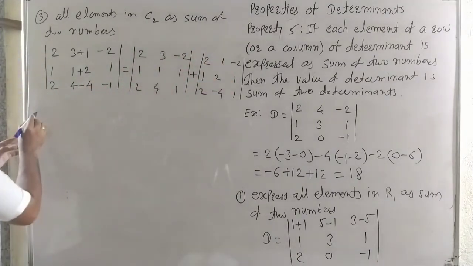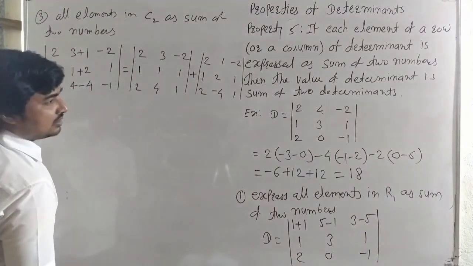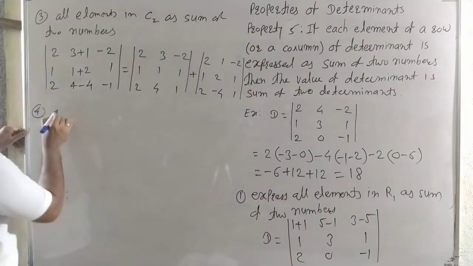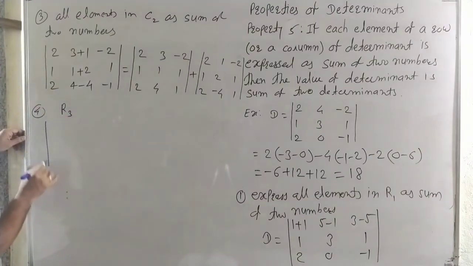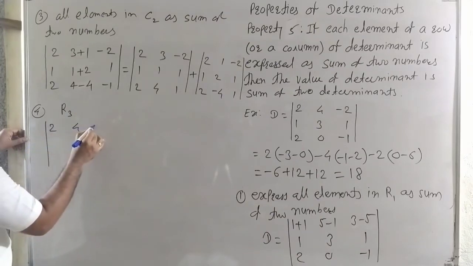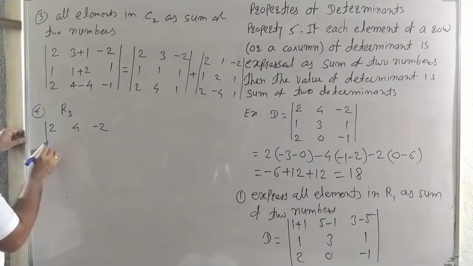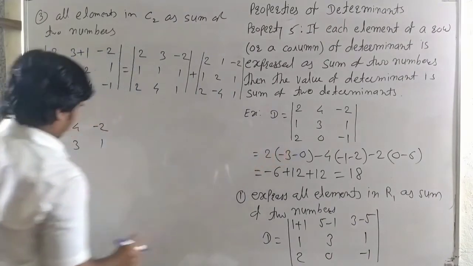Okay, here in the fourth example we can express the sum in R3. See carefully, R3. Row 1 is 2, 4, minus 2, row 2 is 1, 3, 1, and in R3 there is 4, 1, 5.